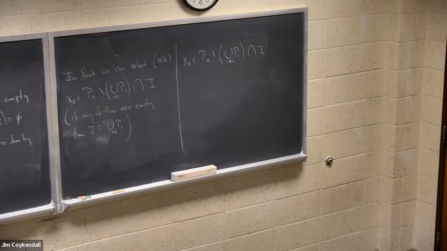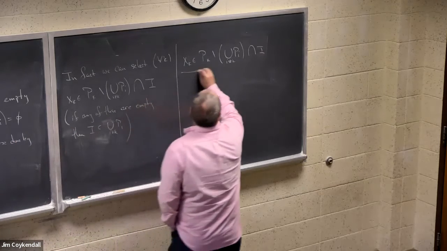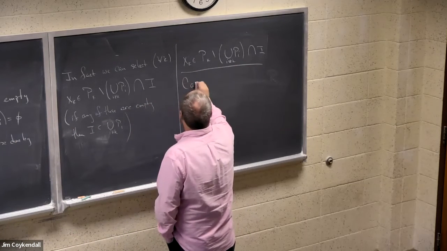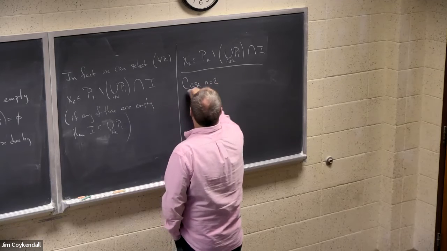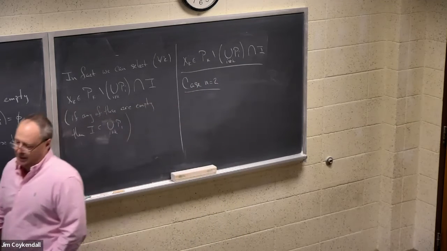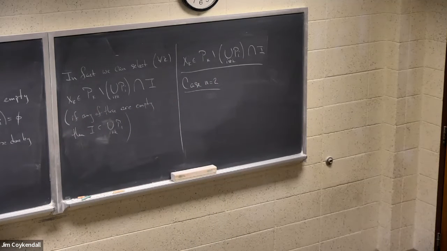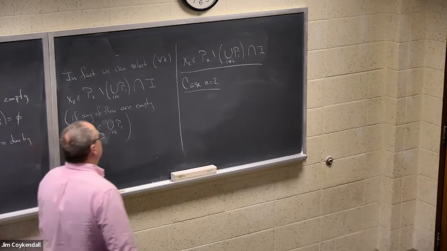N equals 2 is a warm up, and n equals bigger is basically the same thing. So let's take, now let y be x1 plus x2.